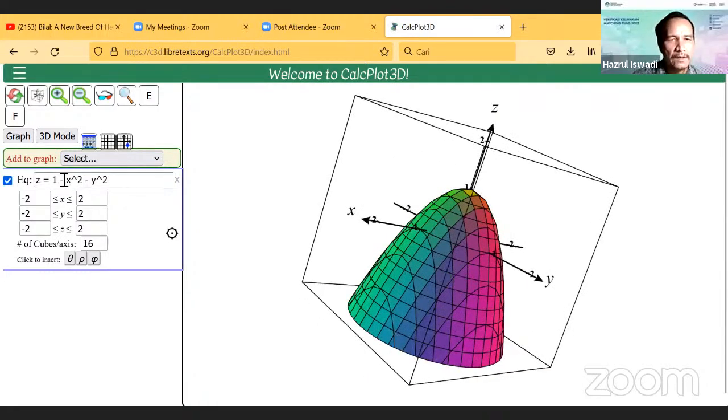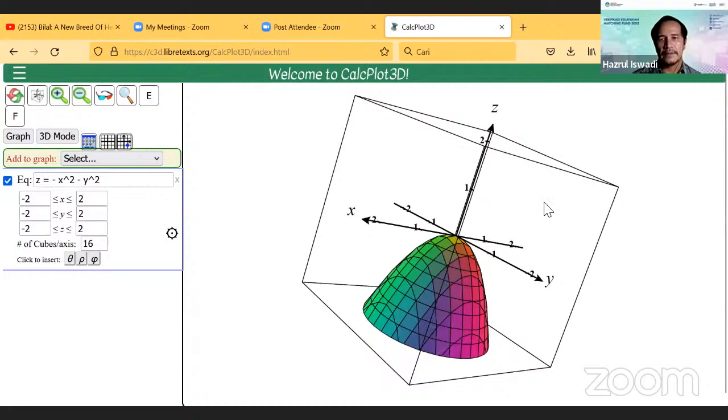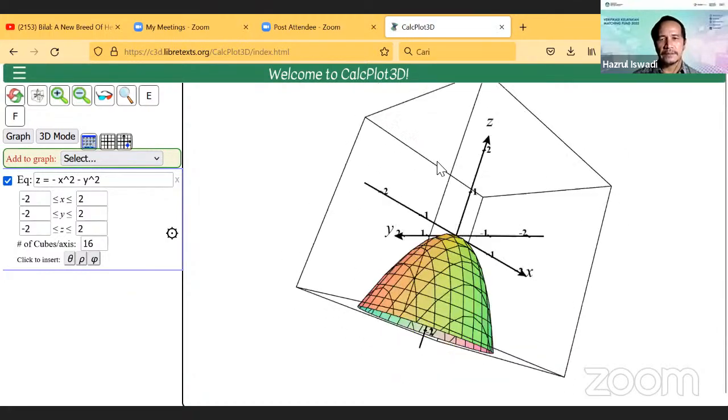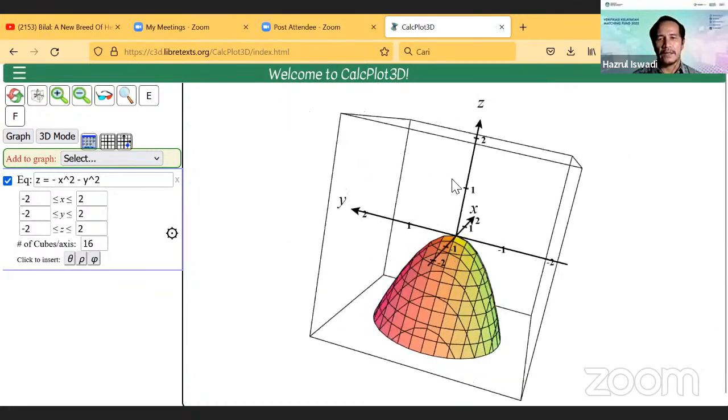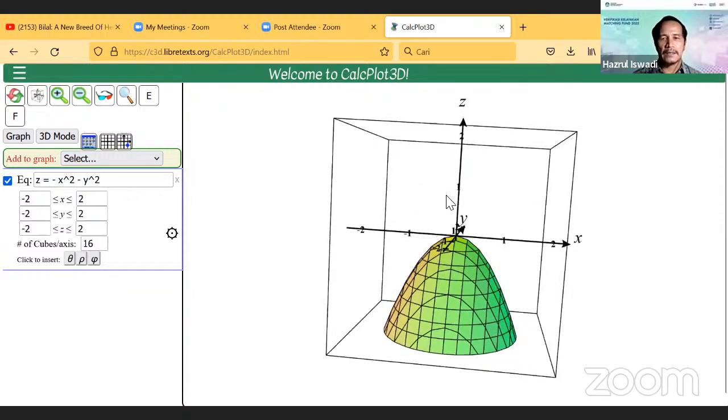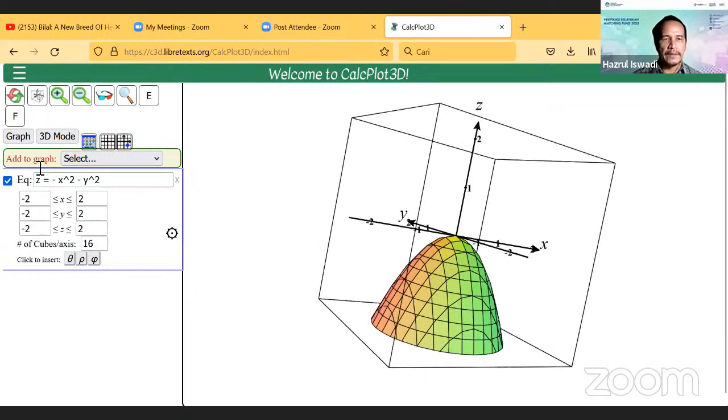What about if I erase the 1? I will have this paraboloid. And what about if I change the minus symbol to a plus symbol?